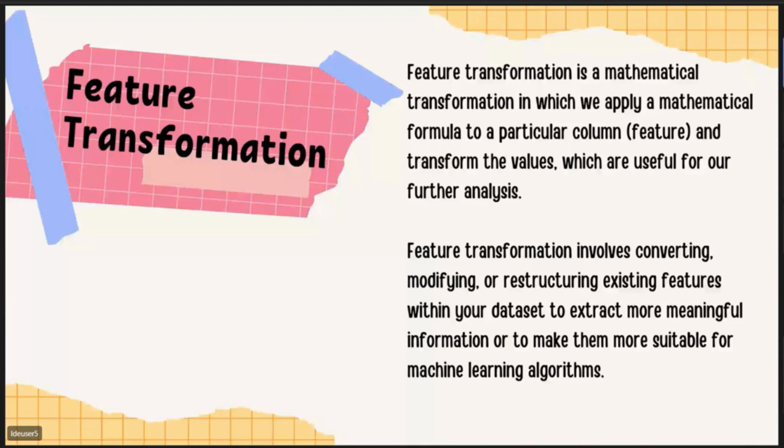So feature transformation involves a lot of converting, modifying, and restructuring of existing data. At the end, it is all about what sort of information you can gain from the data.